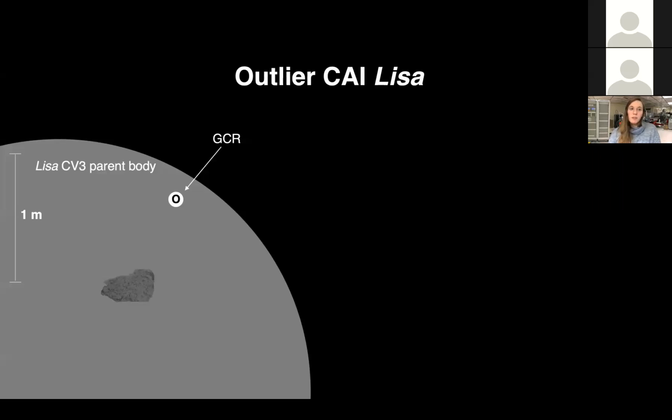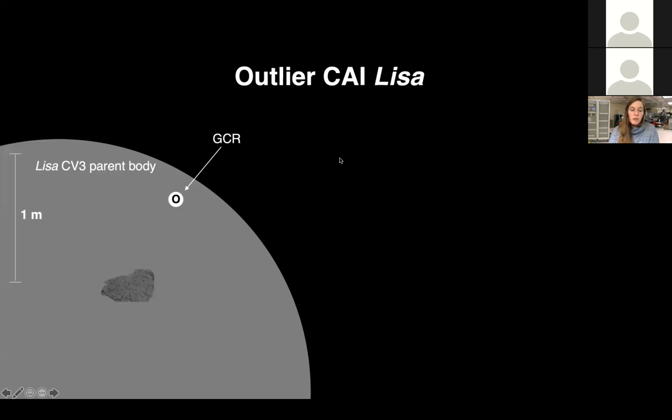So CAI Lisa was measured by another study for a number of isotopes, including samarium-150. And so it has a very high level of this isotope compared to other CAIs, which indicates that it likely existed near the surface of the asteroid, which was its parent body.